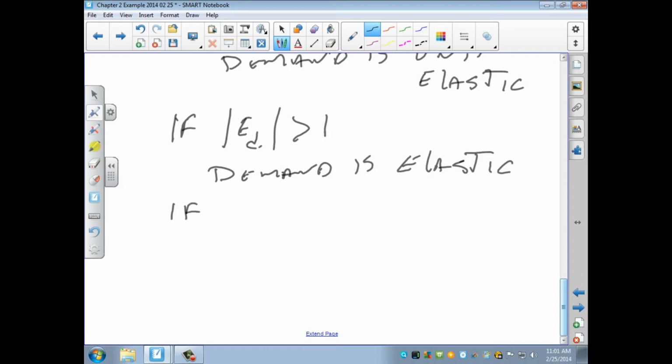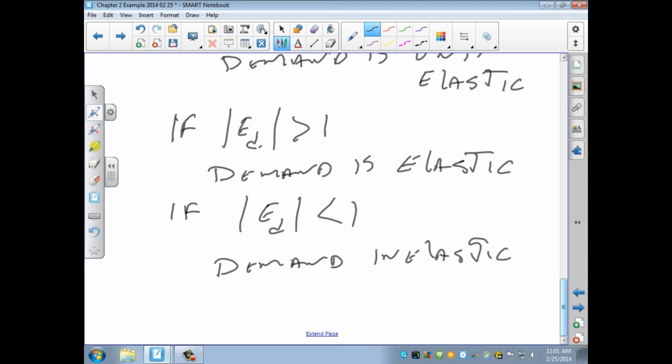And finally, if elasticity you calculated is less than 1, you say demand is inelastic. Okay? So elastic means it is very responsive to a price change. Inelastic means it is not responsive to a price change.